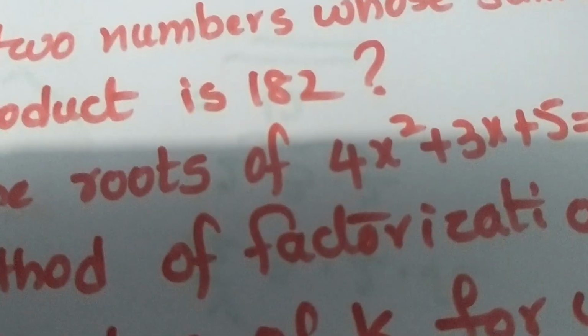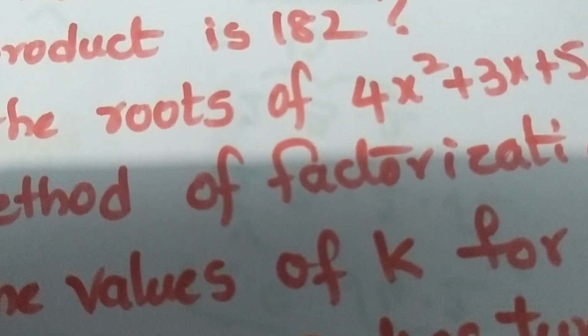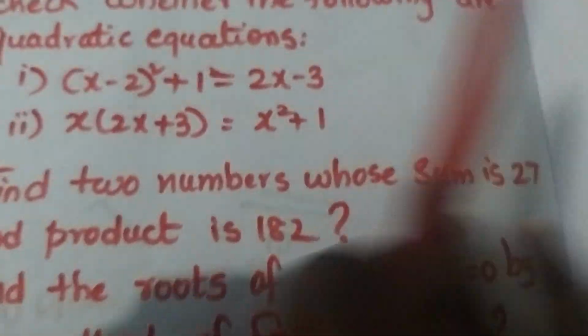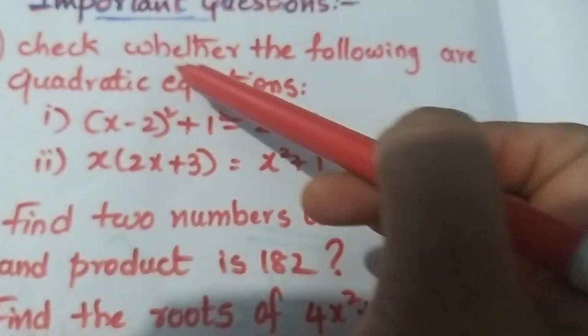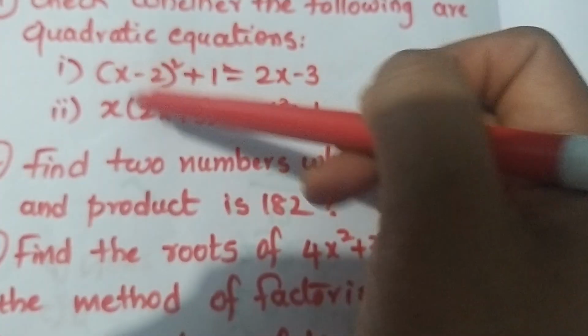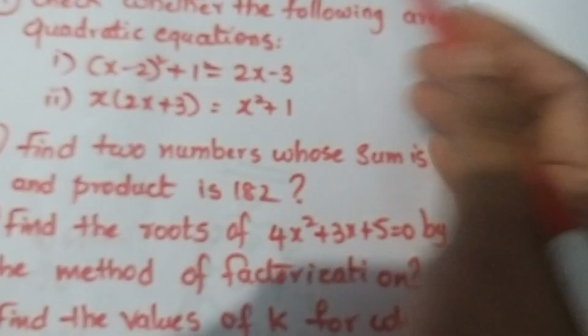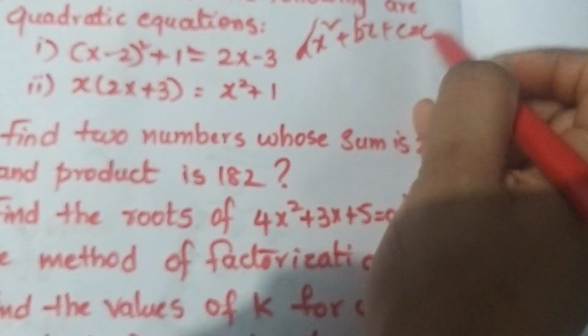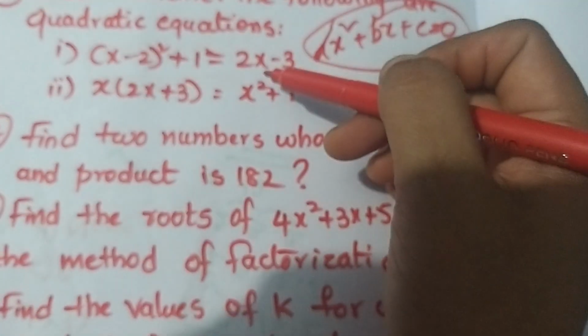Now another important topic: important problems I have written here for you, children. Check whether the following are quadratic equations. We have to expand these equations and write them in the form ax square plus bx plus c equal to 0. Then it is a quadratic equation.